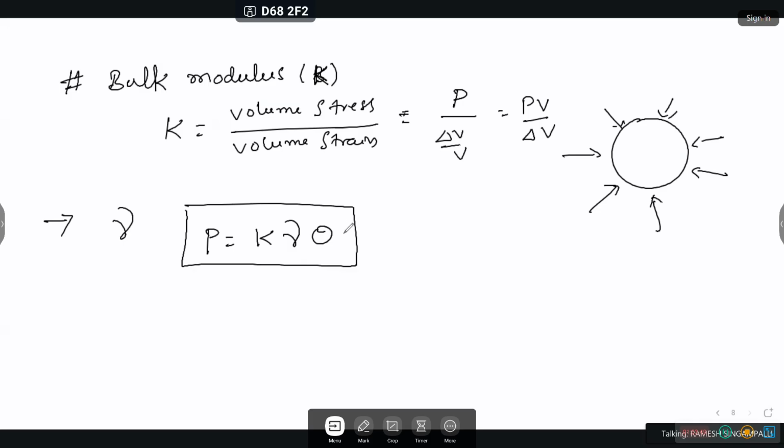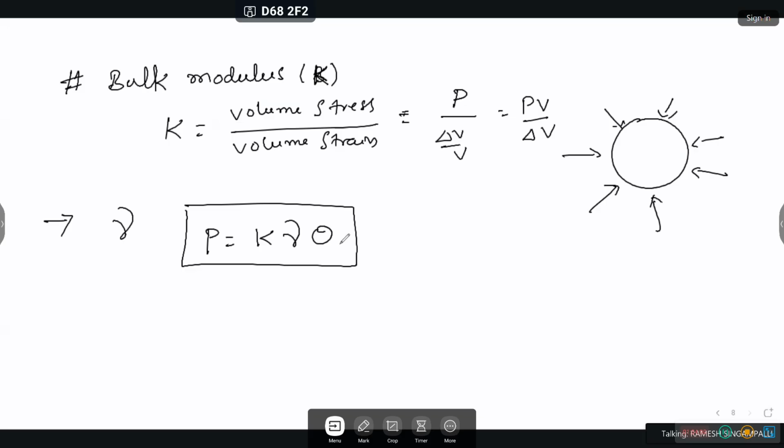Where P is nothing but what, Amma? Pressure. Gamma is nothing but the coefficient of cubical expansion. Theta is nothing but the rise in temperature. K is nothing but the bulk modulus.